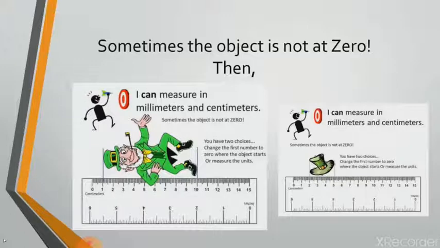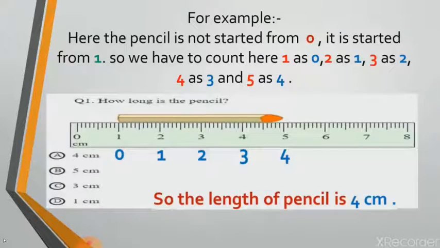When the object is not at 0, then change the first number to 0. See the example. Here the pencil is not started from 0. It is started from 1. So we have to count here 1 as 0, 2 as 1, 3 as 2, 4 as 3 and 5 as 4. So the length of the pencil is 4 centimeter.